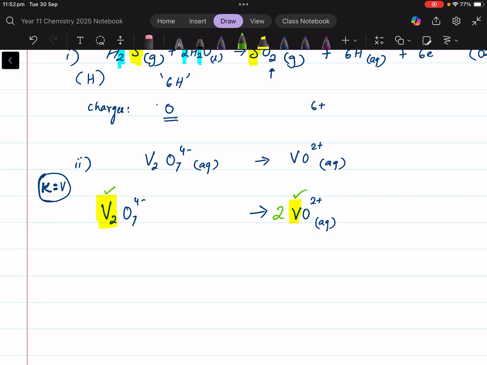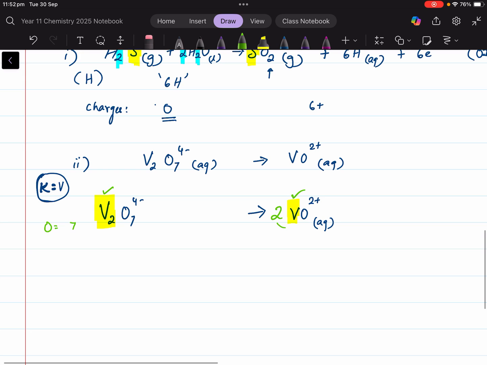My second step is to look after the oxygens. So I have 7 oxygens on one side, and on the other side, by adding the 2, I really have 2 oxygens. So I have 7 on one side and 2 on the other.